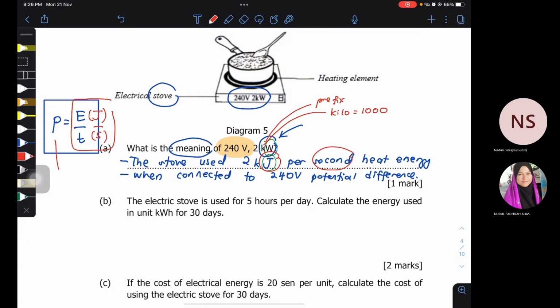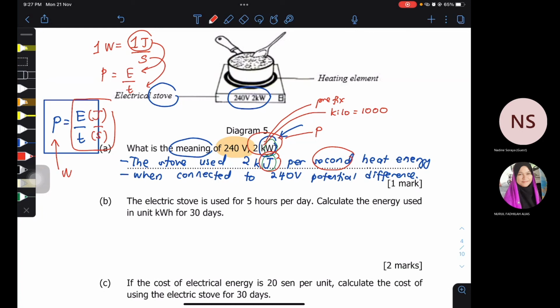What is the unit of power? Watt. So this is watt, this is power. Understand? So 1 watt equals 1 joule per second. That is the meaning of power. Joule is the unit for energy, second is the unit for time.